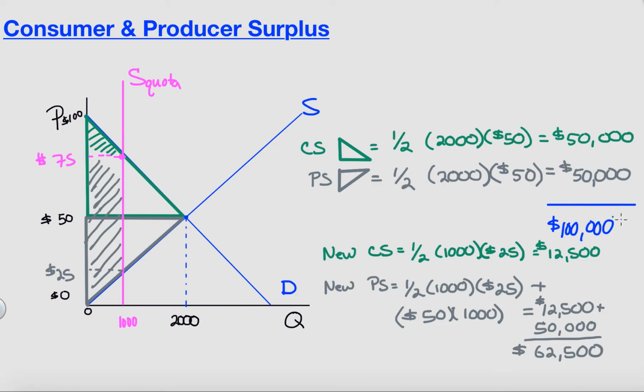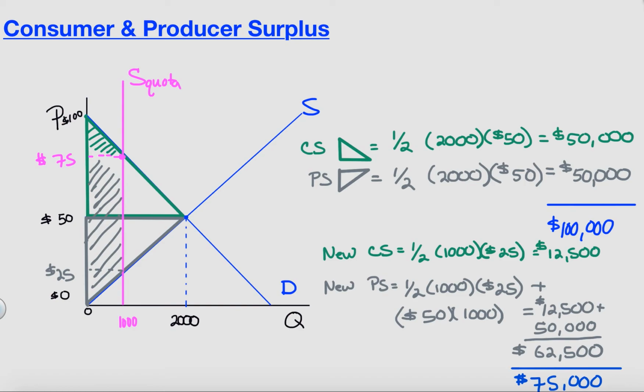So if we combine the new producer surplus with the new consumer surplus, if we add these two things together, we will see that the total market surplus is going to be $75,000. Okay, originally it was $100,000, and now we're down to $75,000. Where did that $25,000 go?